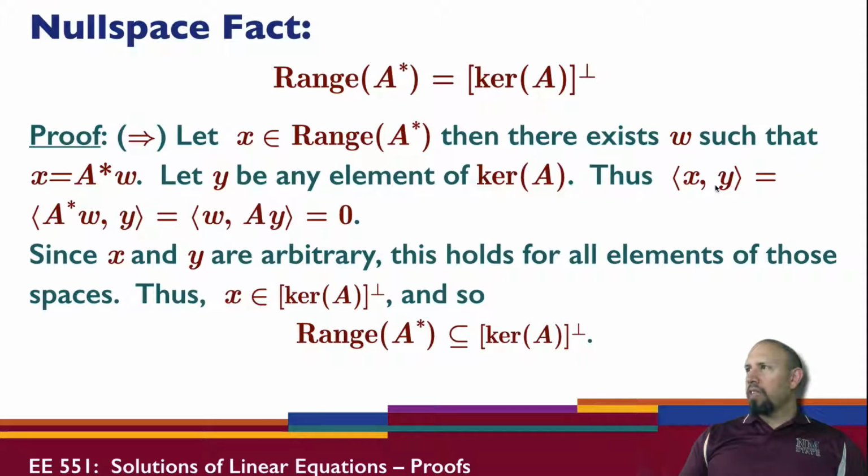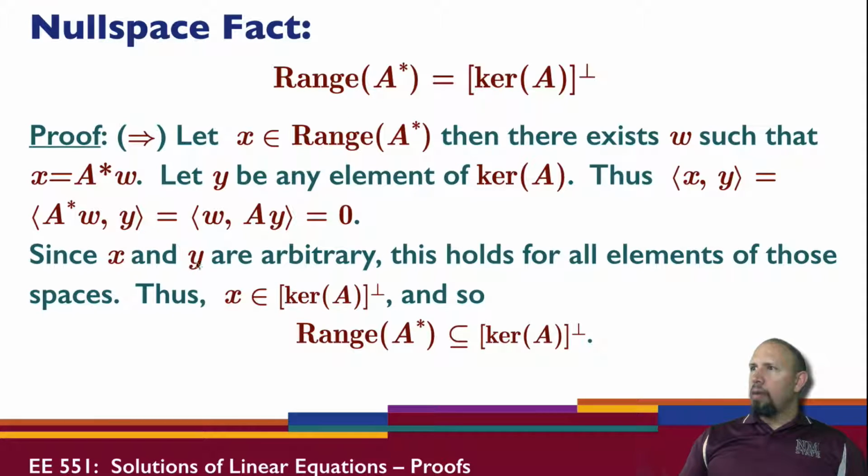So the inner product of x and y is equal to the inner product of A adjoint w with y. By the property of the adjoint, I can move this A over to the other side and get the inner product of w with Ay. But y is an element of the kernel of A. Therefore, this quantity is 0 and the inner product is 0.